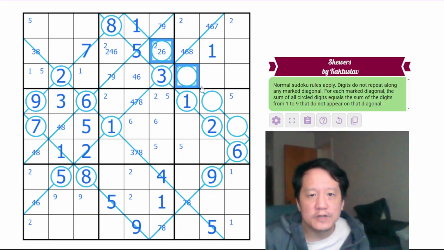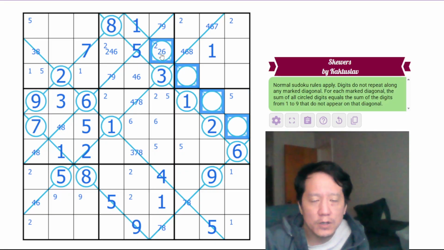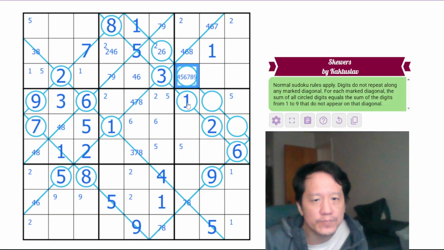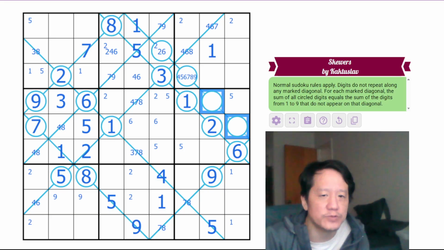So this must add to 22. This cannot be 1, 2, or 3, so we have 4 through 9 there. These digits cannot be 1, 2, or 6, so we have 3, 4, 5, 7, 8, and 9. This cannot be 3 or 9 or 5 because of 3 and 9 in the rows or columns and 5 in the column.